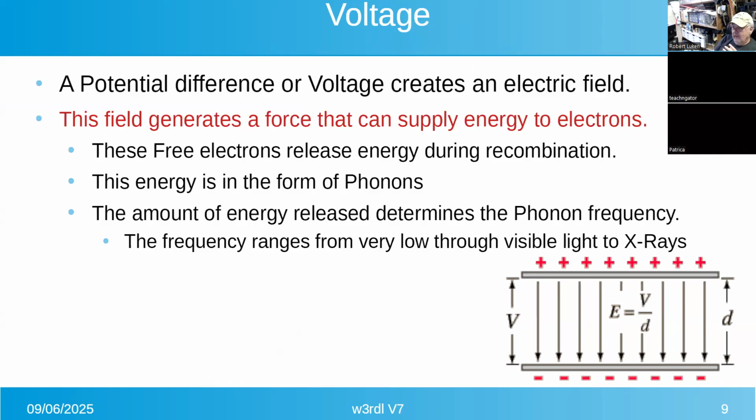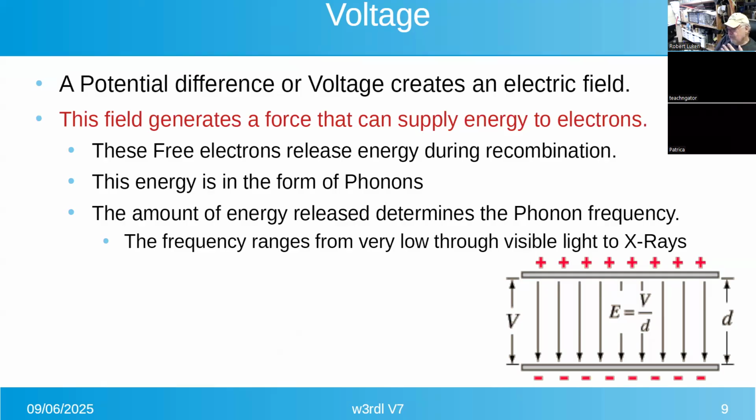You have to have electrons that are free to move and recombine, maybe with another atom. As those energized, free electrons recombine, they give up that extra energy, and we call those photons. The frequency will depend on the amount of energy.